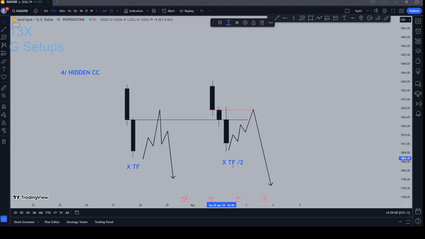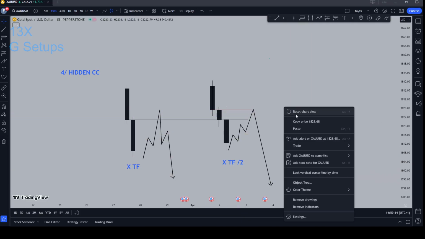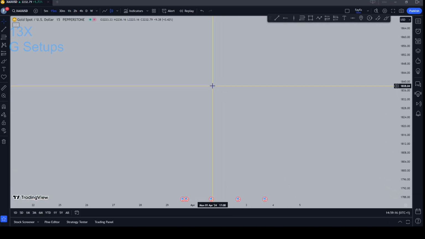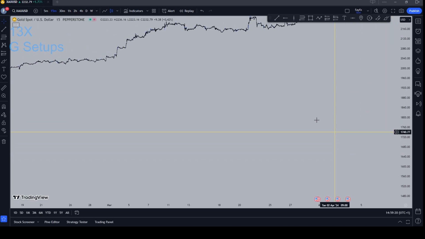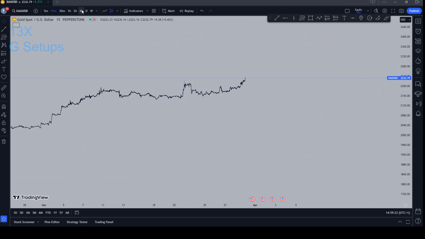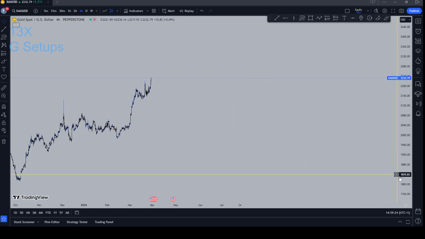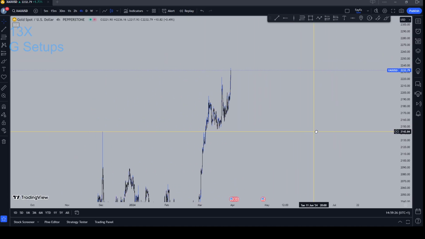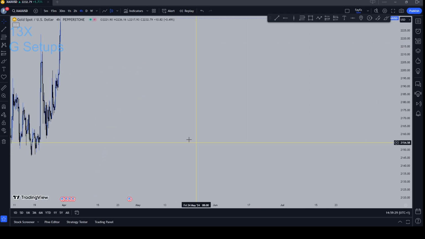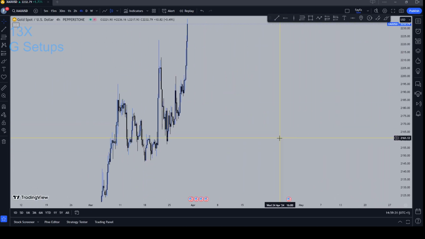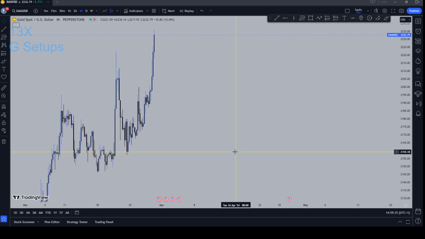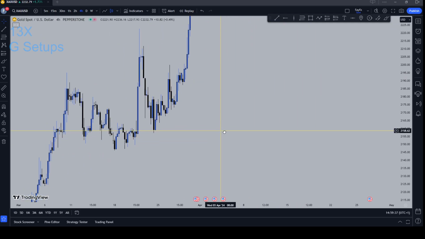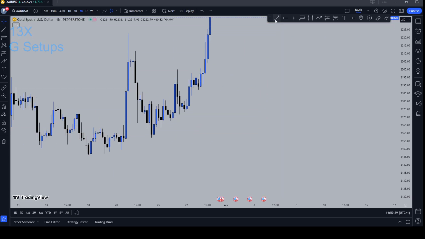Let's go on chart and see some examples. This is an entry that I took these days that I find very special.